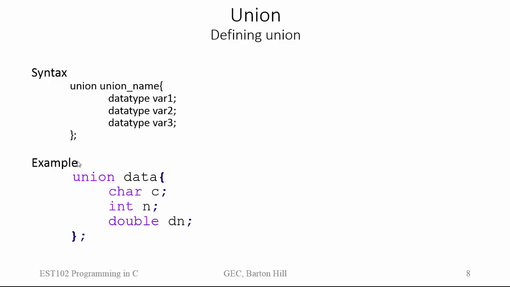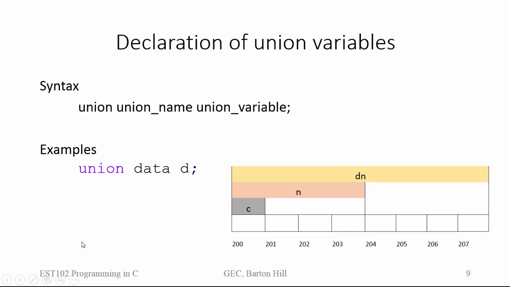For example, consider if you want to define a union data with members character member C, integer member N, and double member Dn. It can be written as union data, open curly braces, char C semicolon, int N semicolon, double Dn semicolon, then close curly braces and a semicolon. Then how can we declare union variables?